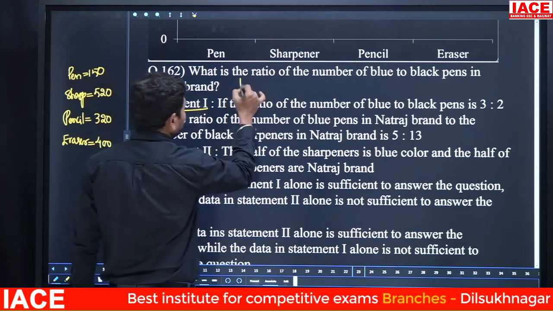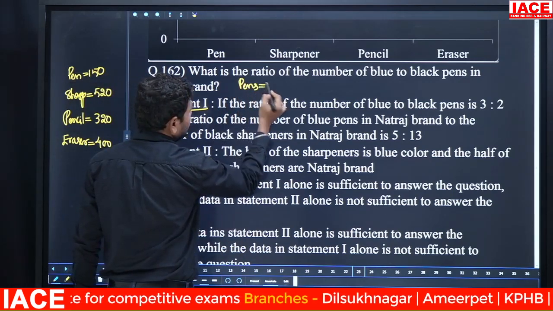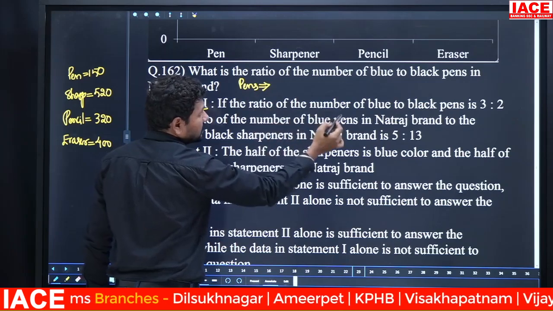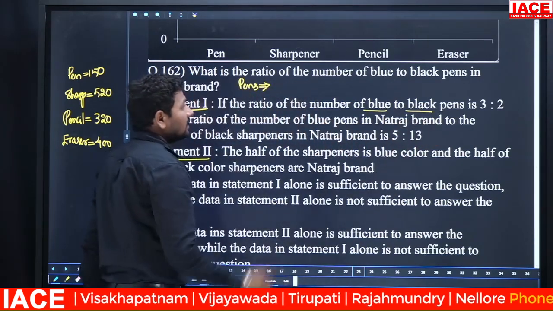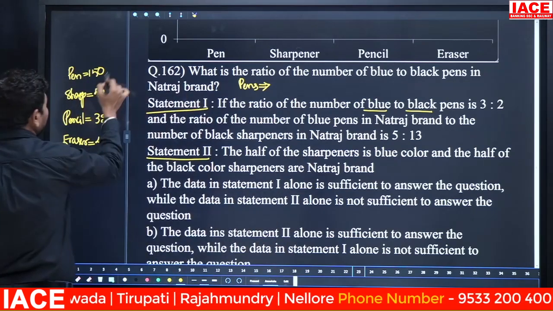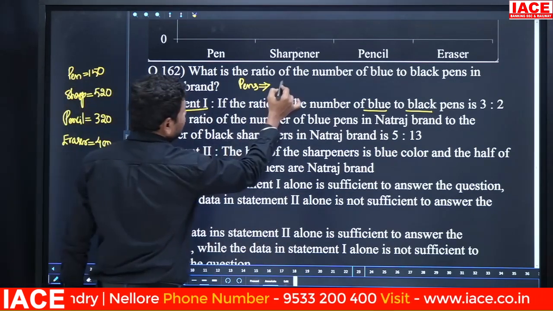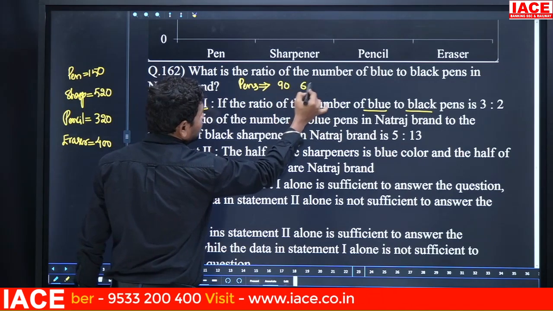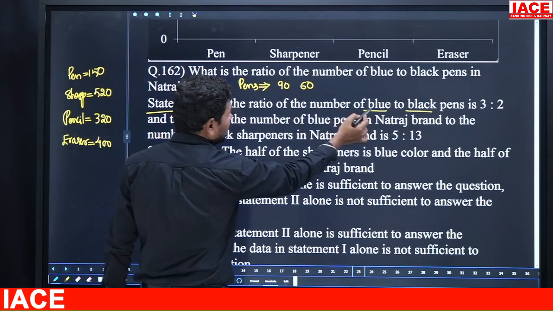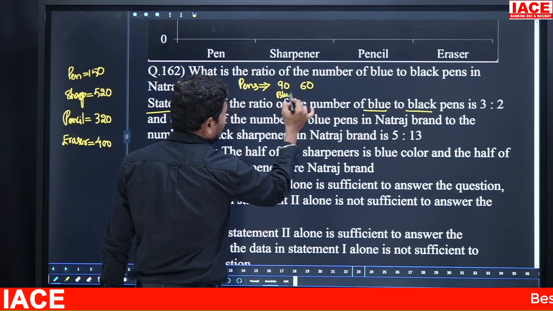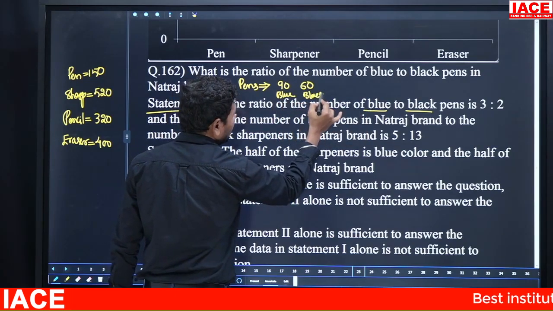First blue, next black. 3 plus 2 is 5 parts. 5 parts is equal to 150, so 1 part is equal to 30. 3 times 30 is 90, 2 times 30 is 60. That means blue pens are 90 and black pens are 60.